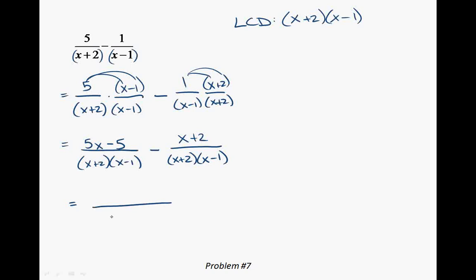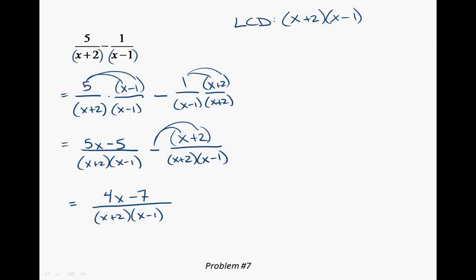I'm going to put a fraction bar, and I'll go ahead and put my common denominator in, and then I need to take 5x minus 5 and subtract x plus 2. So we're going to be subtracting both the x and the 2. So 5x minus x is 4x. And then negative 5 minus positive 2 is negative 7.